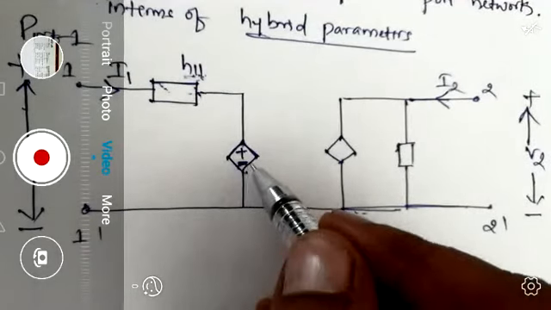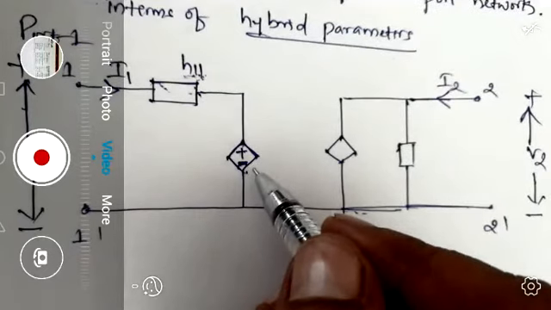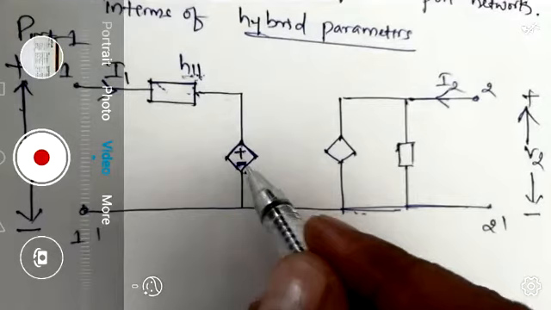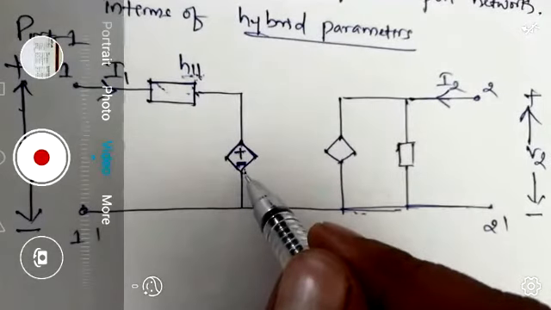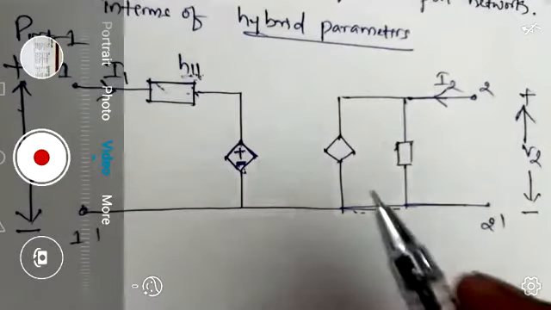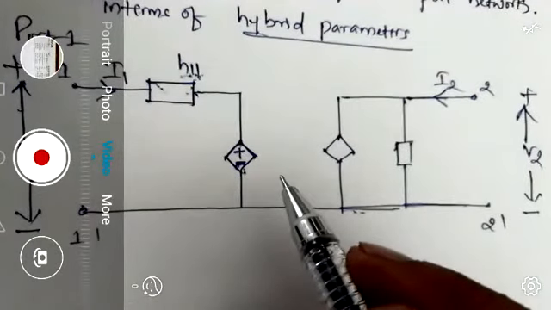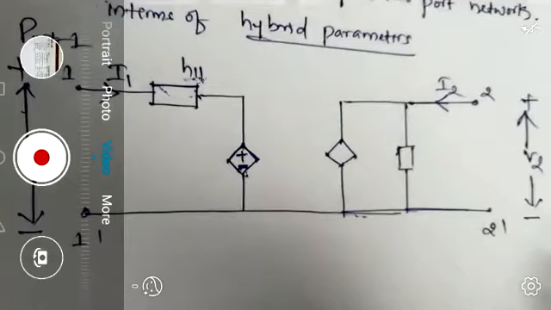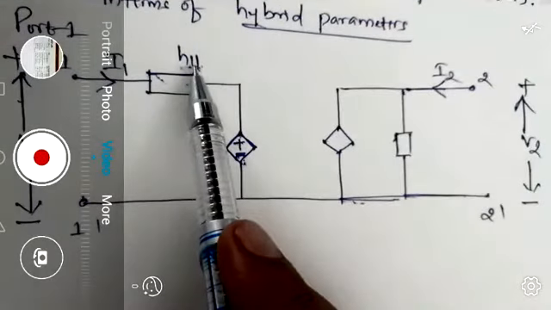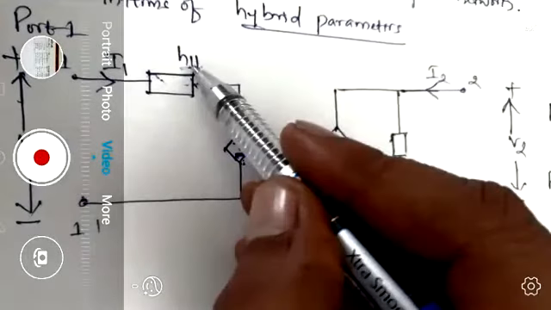But which kind of dependent voltage source? Current dependent, no, voltage dependent. See, listen, very simple. I will give you one hint. How did we get H11?